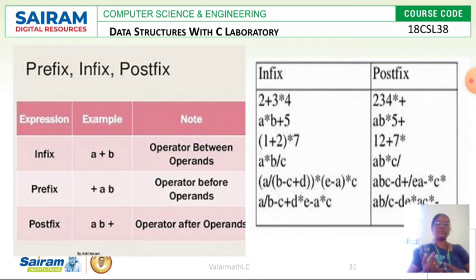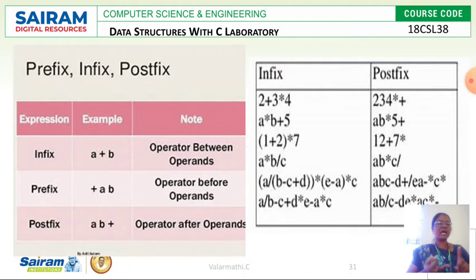The first one: 2 plus 3 star 4. Here, for this kind of mathematical expression, we need to apply the BODMAS rules. BODMAS rules are very important. So consider the first example, 2 plus 3 star 4.